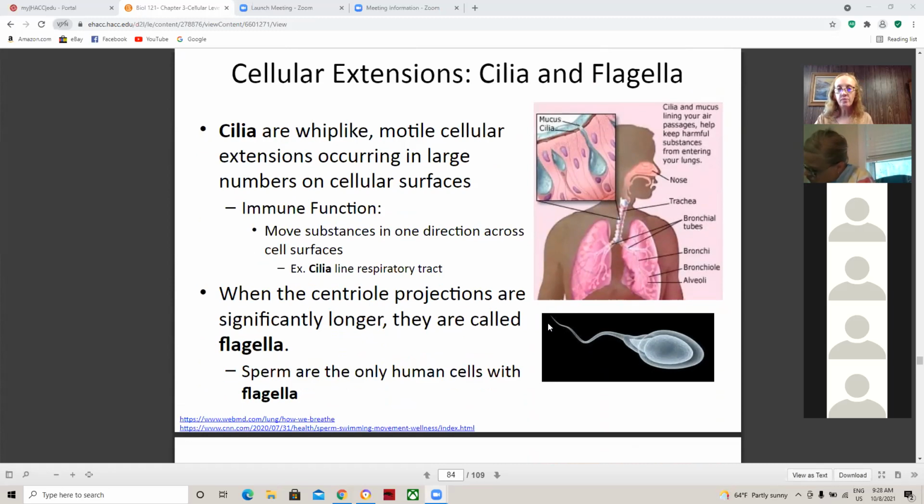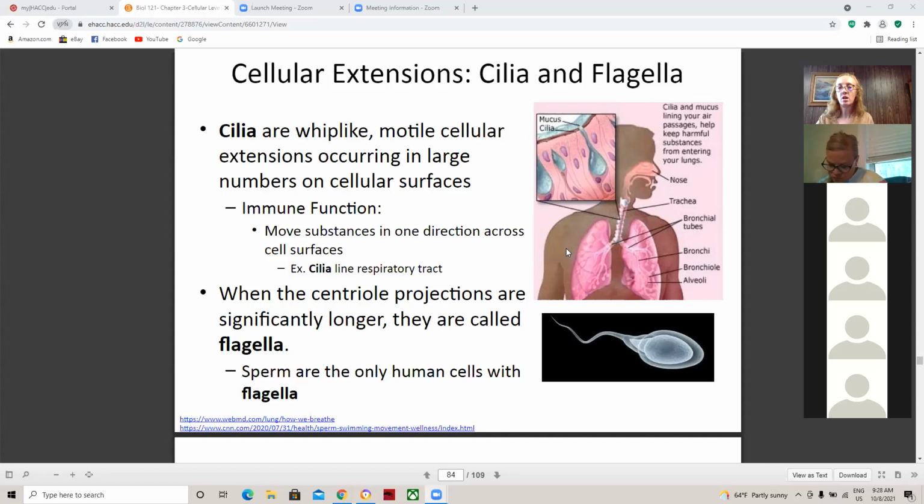Cilia and flagella are the whip-like motile cellular extensions occurring in large numbers on the cellular surface. These are like little hairs on the surface of cells that allow substances to move in one direction across the cell surface.